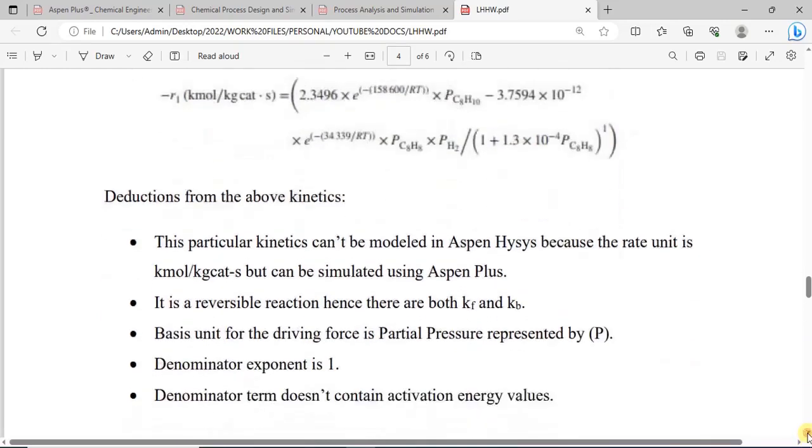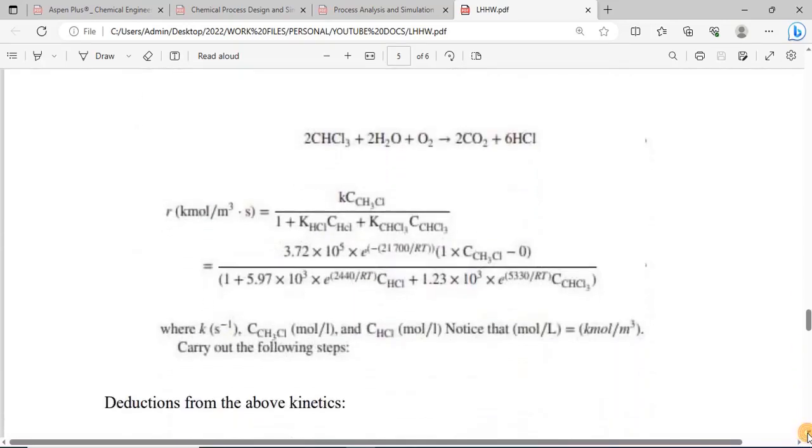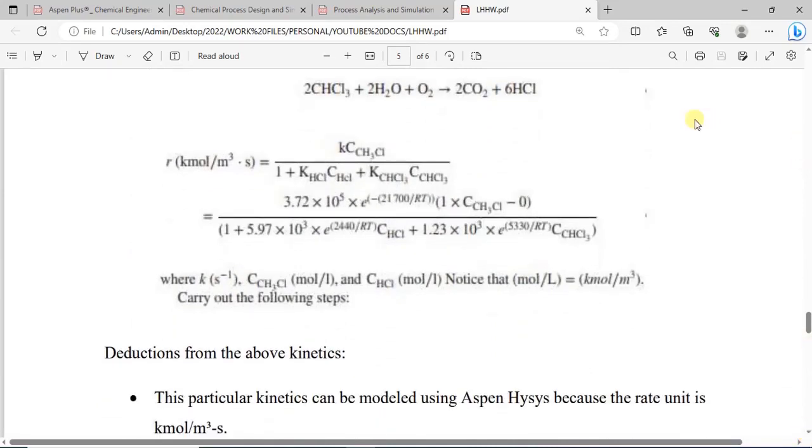So going forward, we have this one as well, right? This is a forward reaction, so it doesn't have a backward. This is not a reversible process, it's just a forward reaction. You have reactants forming products, so there is no backward reaction in this particular case.